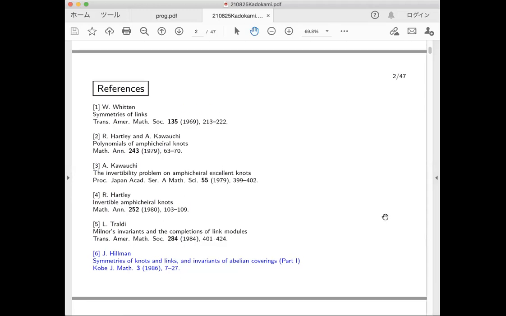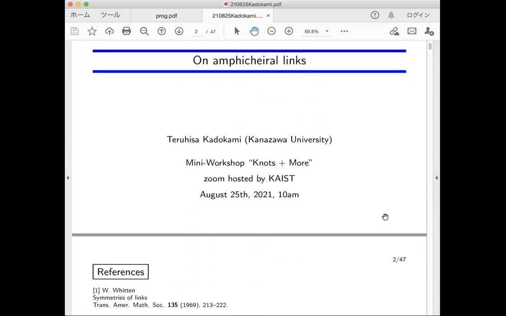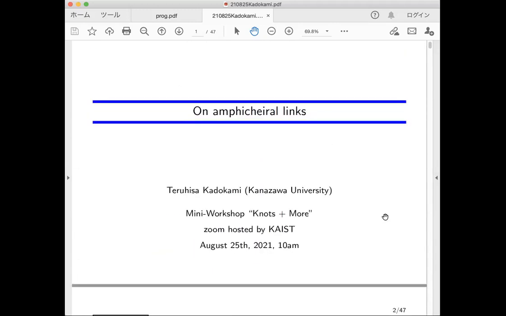Can you see now? I can see page 2. Page 1. I don't use full screen mode.